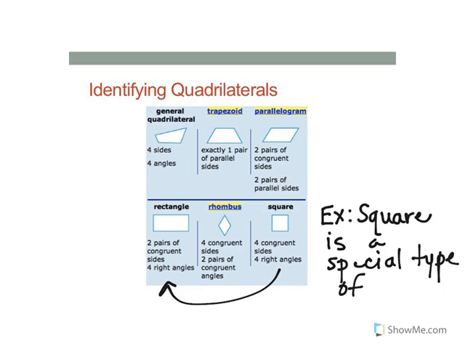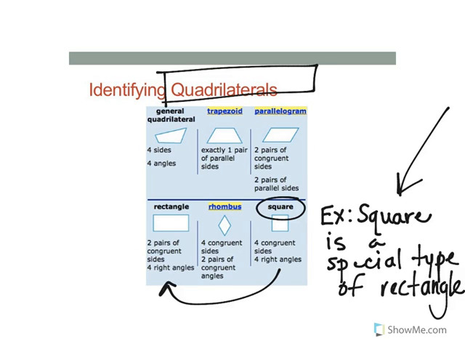However, a rectangle is not always a square, because a rectangle has 2 pairs of congruent sides and 4 right angles, but for it to be a square, it must have 4 congruent sides. So just keep this in mind as we're going along. We'll do a couple examples like this. Also make sure to remember that all of these are quadrilaterals.